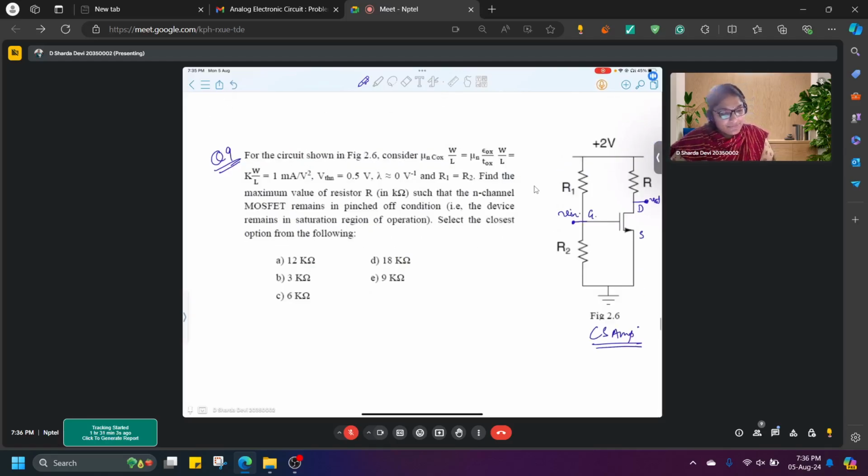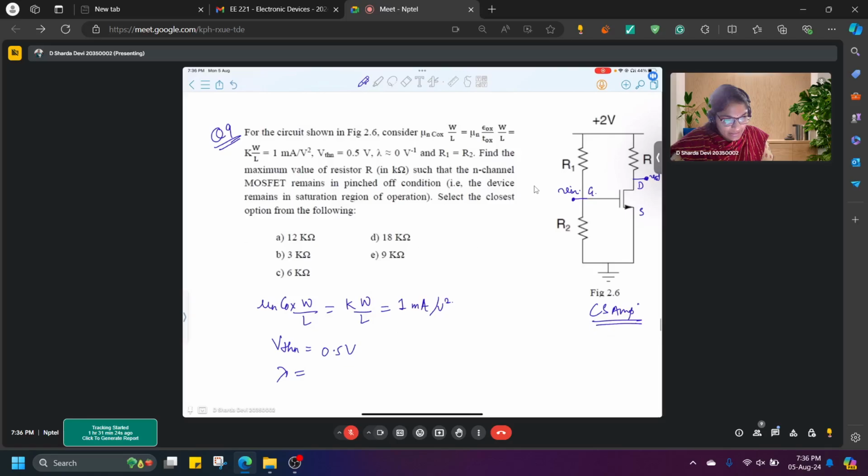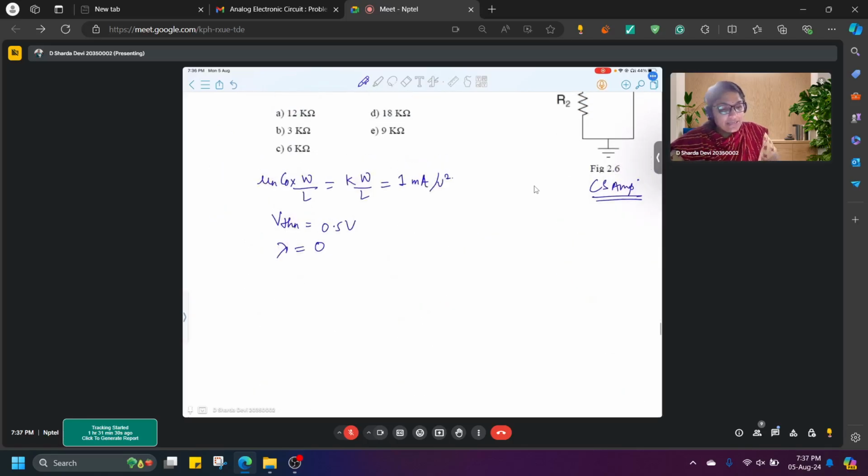In this CS amplifier, it is given that mu_n Cox times W by L, that is K W by L, is 1 milliampere per volt squared. VTHN is 0.5 volts. Lambda is 0. So what is this lambda? We need to understand, right?